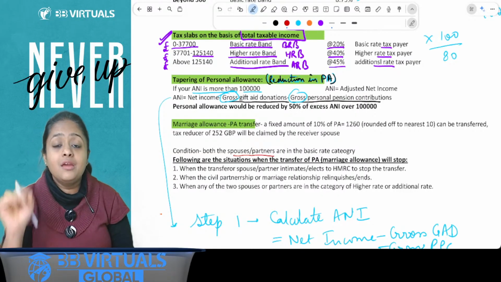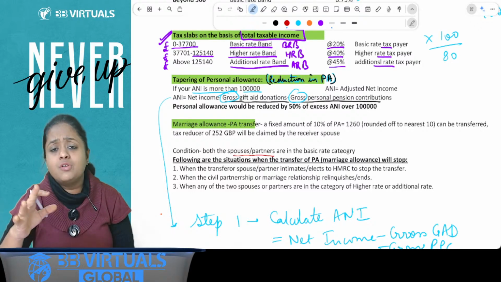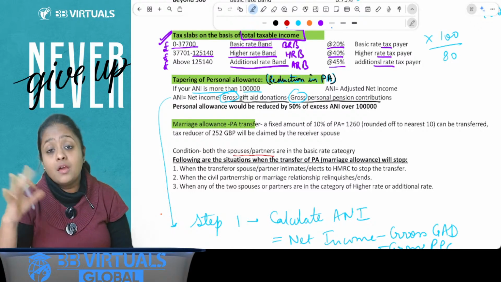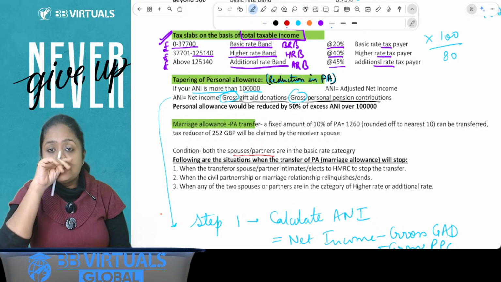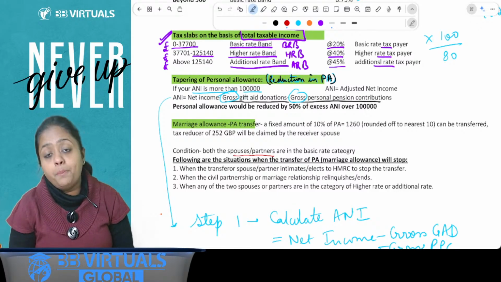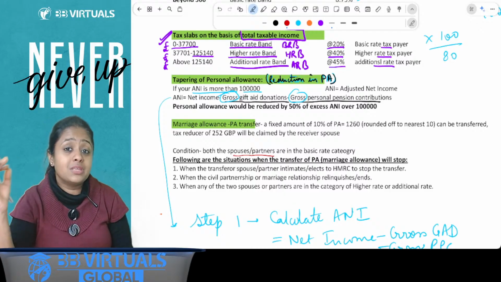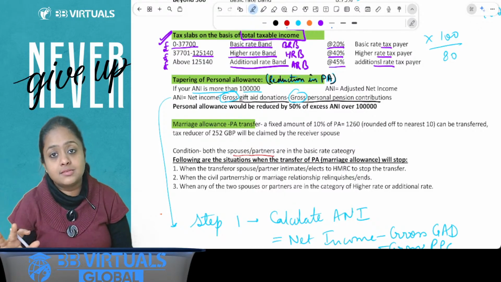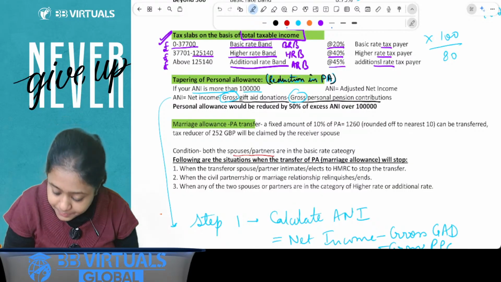What is your PA? 12,570 multiplied by 10% comes out to be 1257. Round it off, it becomes 1260. So you can transfer only 1260 of the PA from spouse 1 to spouse 2. You cannot transfer more than this, you cannot transfer less than this. So you will transfer exactly 1260 only.